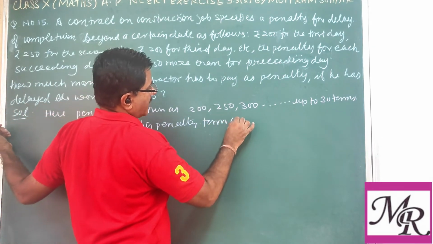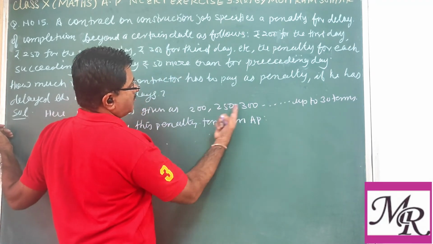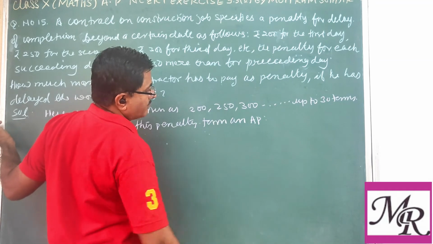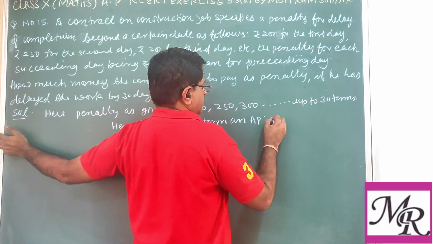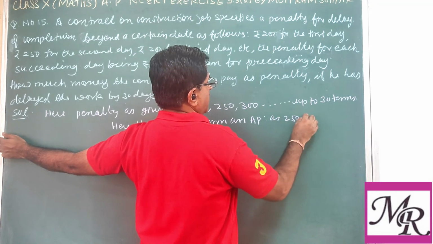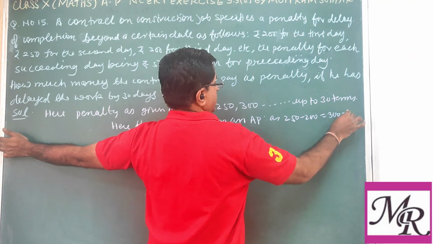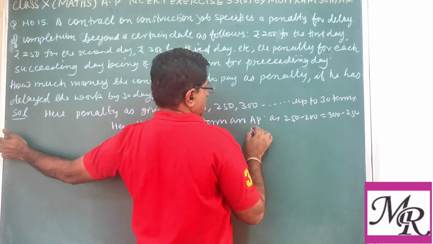This penalty forms an AP. Why? Because the difference between consecutive terms is 50 rupees: 250 minus 200 is equal to 300 minus 250.